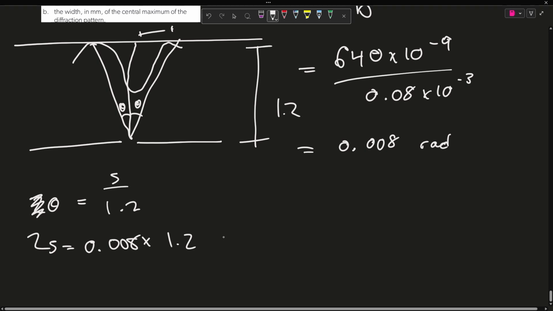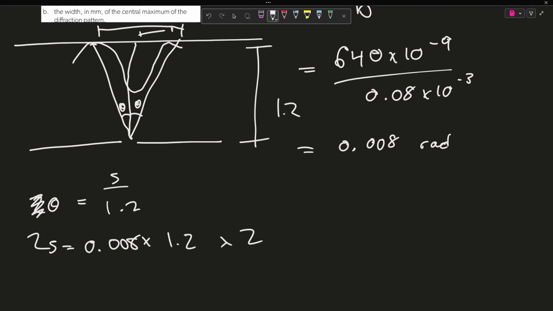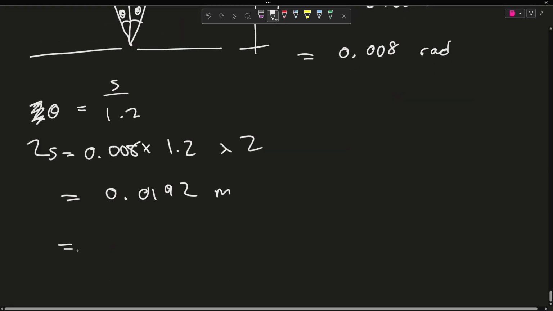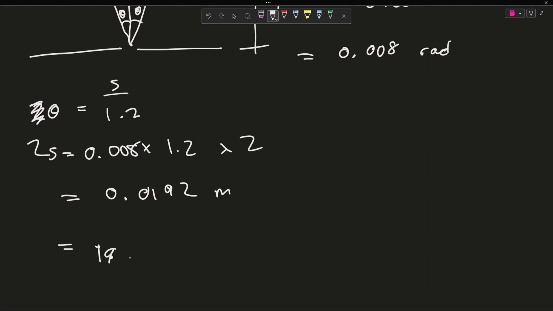So if you multiply both sides by 2, then we will get the full width of the central maximum. And this is equal to 0.0192 meters. If you want it in millimeters, just divide by 1,000, and it is 19.2 millimeters. Or if you want, 19 millimeters.